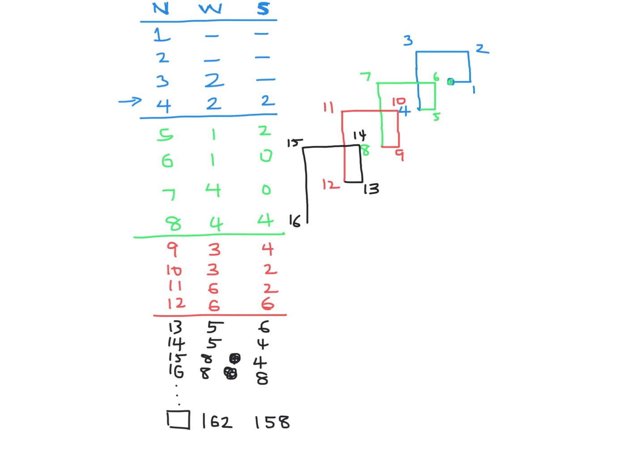Initially it's not entirely clear, but I can figure out when it's 162 and 162. Because you see, for 4, it was 2, 2. For 8, it was 4, 4. For 12, it was 6, 6. For 16, it was 8, 8. So it looks like you're just halving the numbers. So for 162, the double of that is 324. So 324 is the value for n. I'm pretty sure about that.